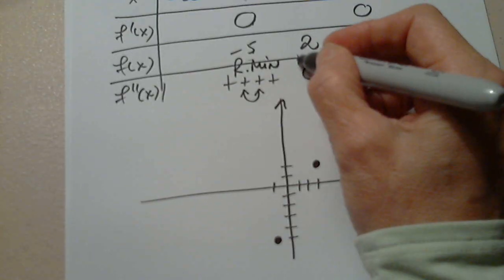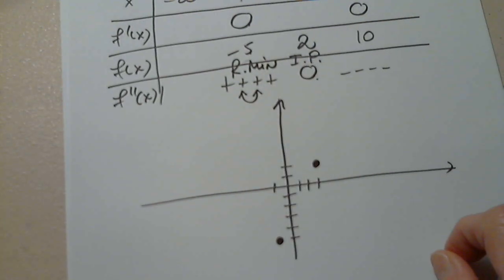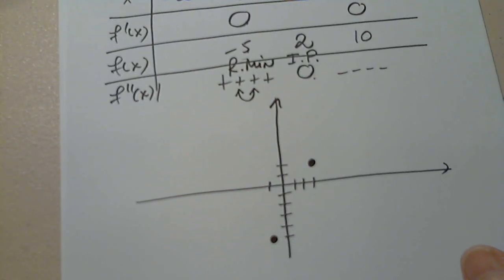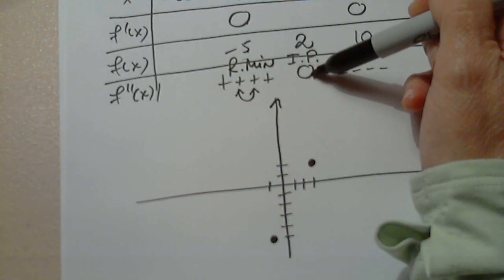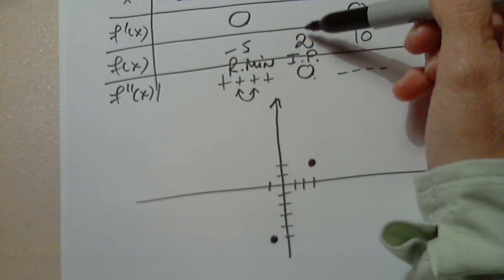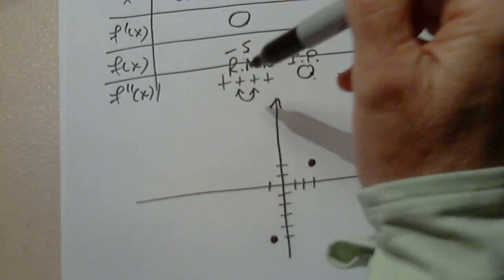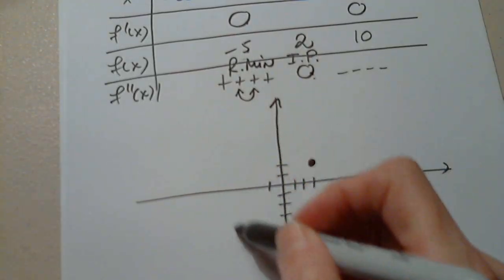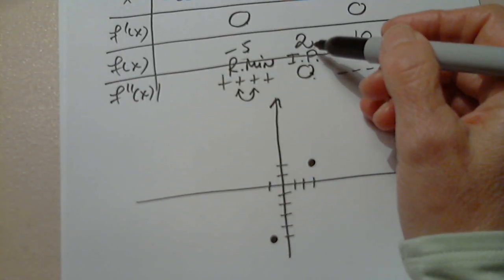So this, by definition, is the definition of an inflection point. Again, at 3, the second derivative is 0. The point is 3, 2, but the second derivative is 0, and it changes sign from opening up to opening down. And this is the inflection point.